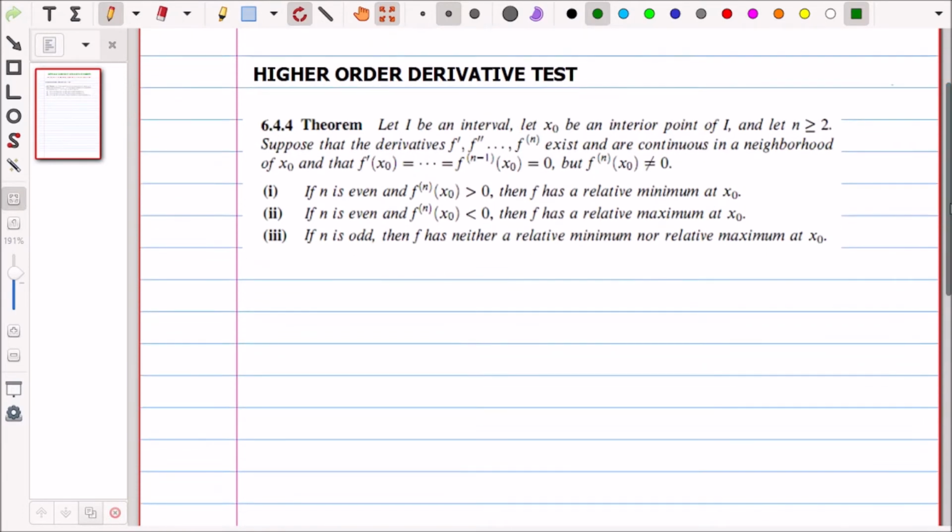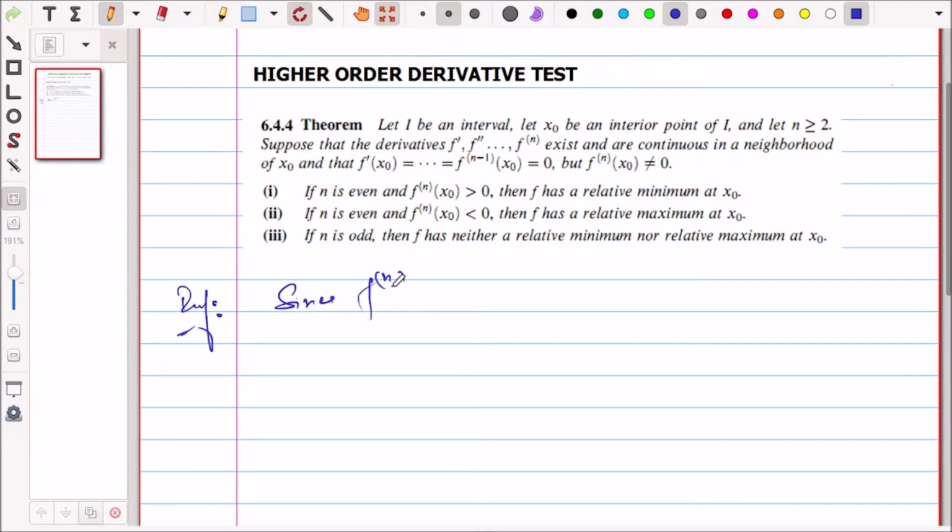Okay, so let us try to prove it. It's very simple. We will use Taylor's theorem again here. First we will use the fact that fn x naught is not equal to 0. So what does this imply?